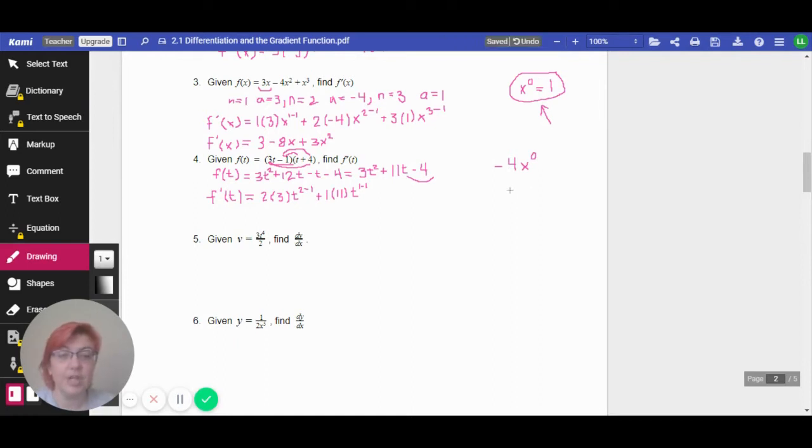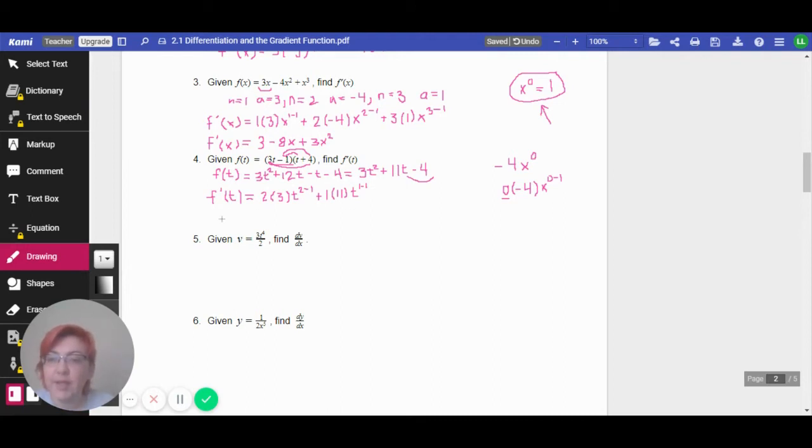So then when differentiating, I would end up with n times negative 4 x to the 0 minus 1. But you know what? I can just stop here. And the reason I can stop here is because this whole thing is multiplied by 0. And 0 times anything is just 0. So any constant will end up multiplied by 0 and just disappears. So for us, it can save us some time to say, oh, that's a constant, there's no x term, bye.